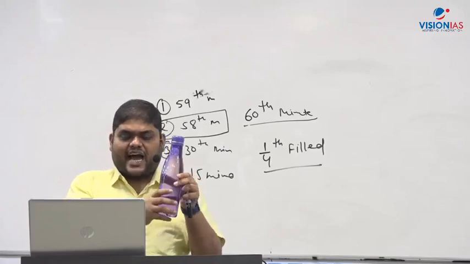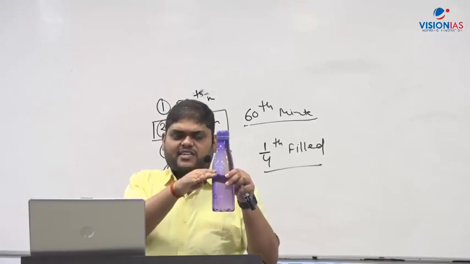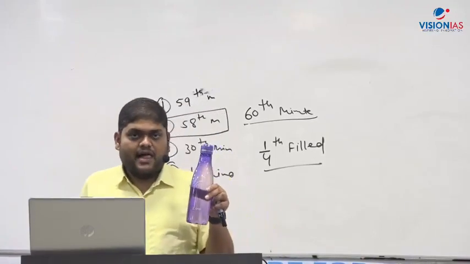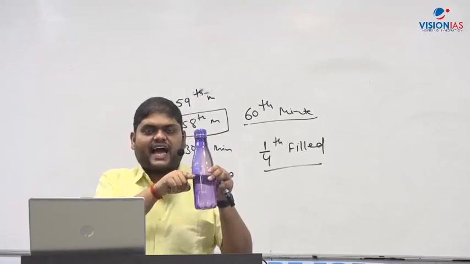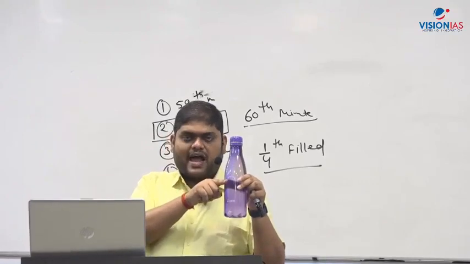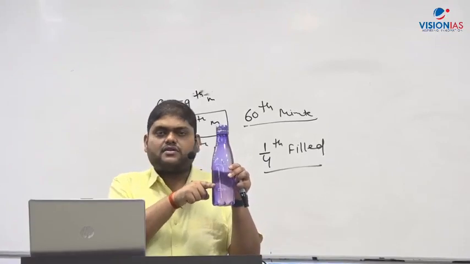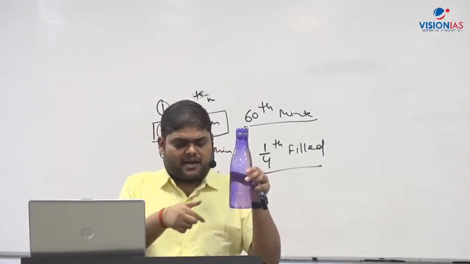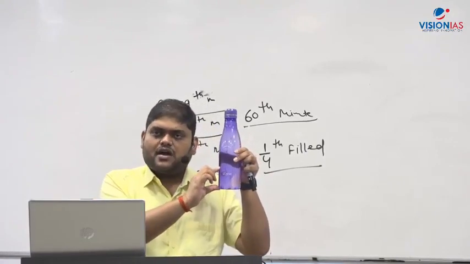Because at 59 it was half filled, at 60 it doubles and is full. And just 1 minute before that? Half of half. So at 58 minutes, it was 1/4 filled.